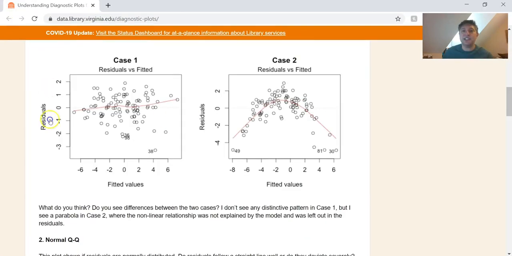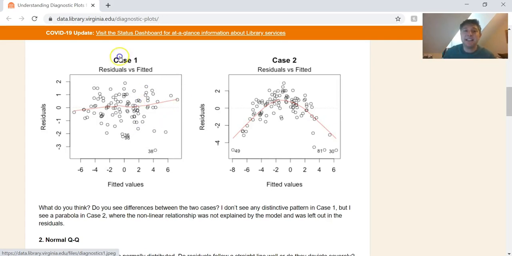So here's just some examples. For the linearity assumption, we might plot our fitted values against the residuals, and we want to see a random scatter. Usually no pattern in the residuals is an indication that the model assumptions are tenable. If we start seeing a pattern in the residuals, we start to get concerned that some of the assumptions may be violated.